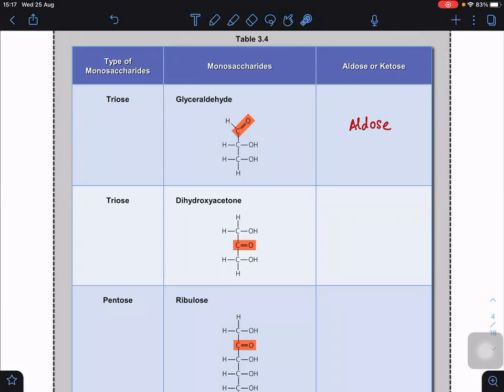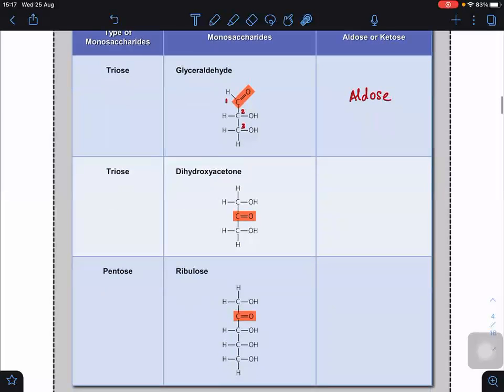This carbonyl group, C double bond O, is always at carbon number 1 if they are aldehyde or aldose. So if you number it, this is carbon number 2, this is carbon number 3. So this is a 3 carbon sugar, therefore we term it triose. Are you clear? That's why we call them triose.